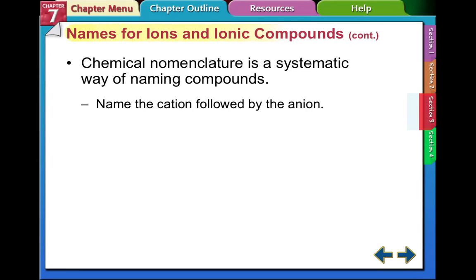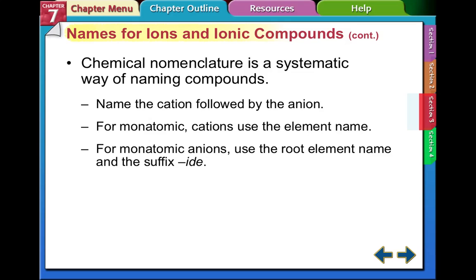Chemical nomenclature. When you go to name a compound, there is a systematic way of doing it. First thing you need to do is name the cation, the positive, followed by the anion. For monatomic cations use the element name. For monatomic anions, you use the root and ide.